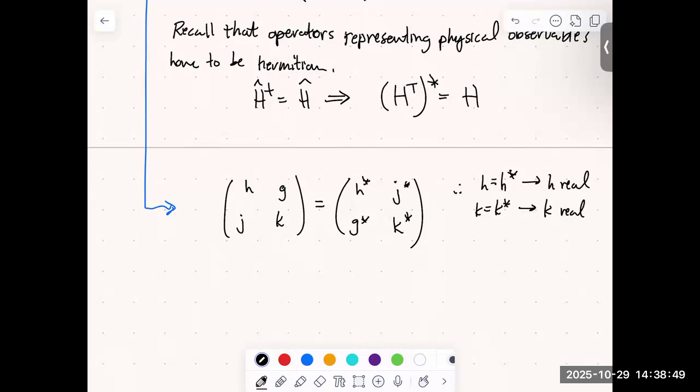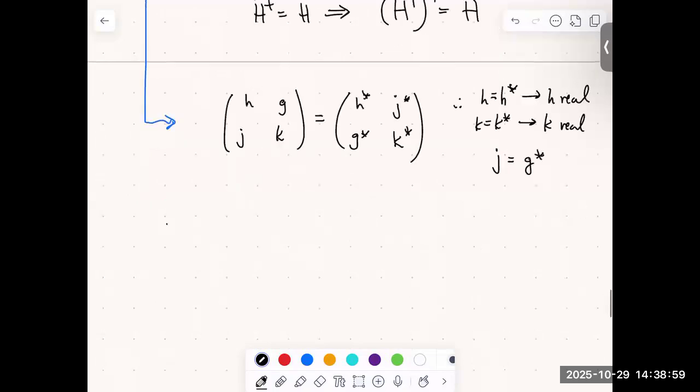So the other thing we know is that J is equal to G star, or equivalently, J star is equal to G. Okay, so therefore, after enforcing that H adjoint is equal to H.